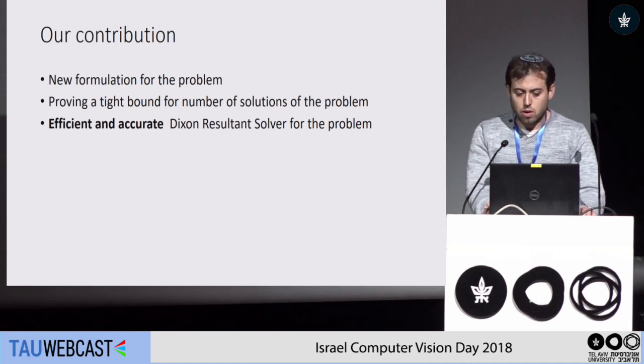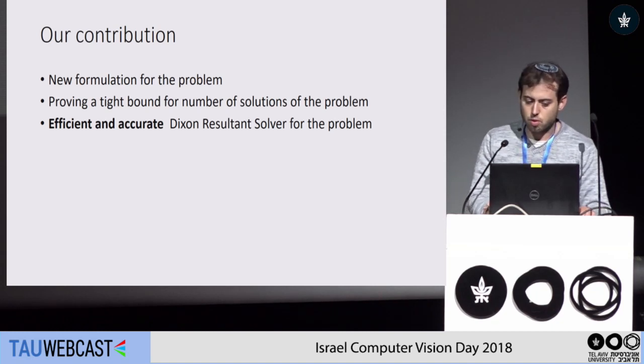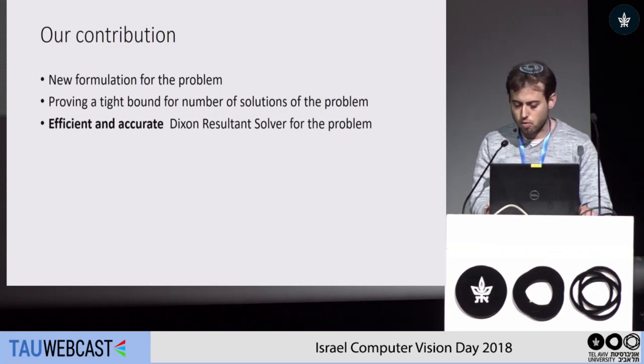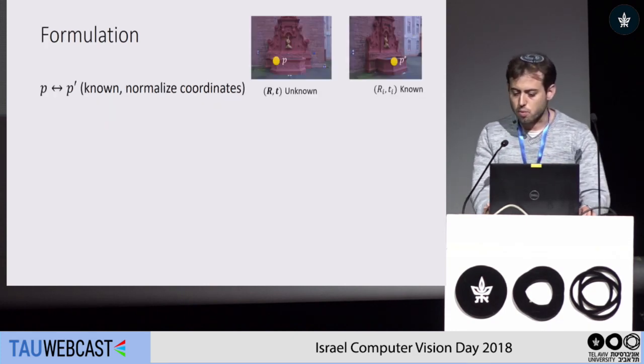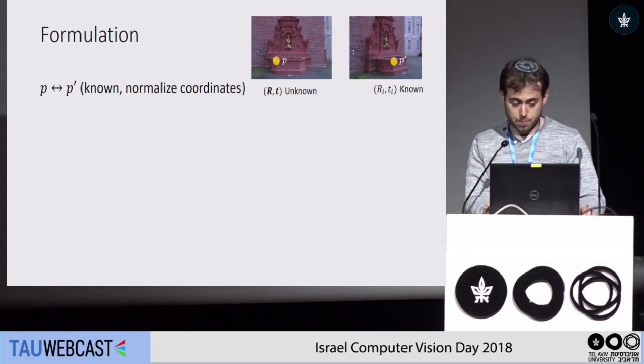So in this work, we present a new formulation for the problem, and using this formulation, we prove a tight bound for the number of solutions of the problem. Lastly, we present an efficient and accurate Dixon resultant solver for the problem, as we will see next. So first, we'll start with our new formulation.